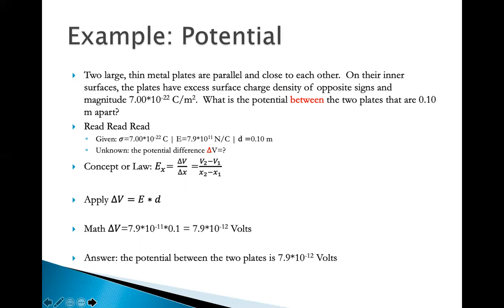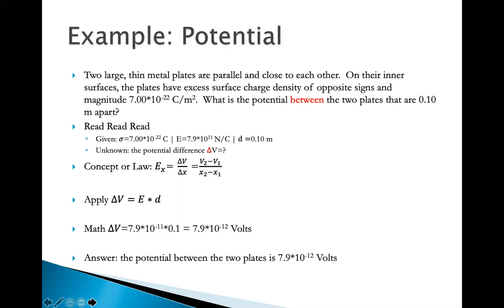If you read carefully and gather what's given, we can actually use the electric field as given because we just solved it in the previous problem. So this is, again, a complicated problem that involves multiple steps.